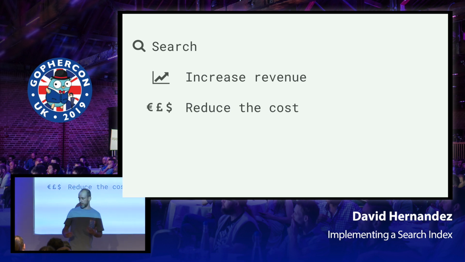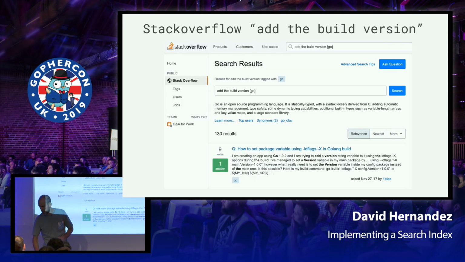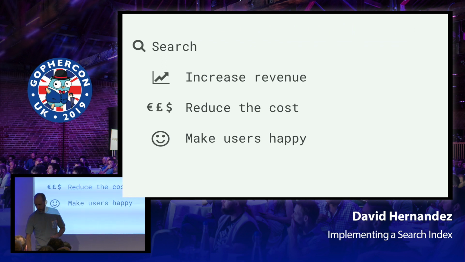If you find the information you're looking for quickly, for example, how to add the build version in a Go binary, if you type that in Stack Overflow and the first answer is what you're looking for, it can save you a lot of cost. Also in customer support, finding the right answer is pretty good. And the third one is it makes users happier, because it's like the I'm Feeling Lucky thing, isn't it? If you just click it and you have what you're looking for, oh yeah, I'm happy.